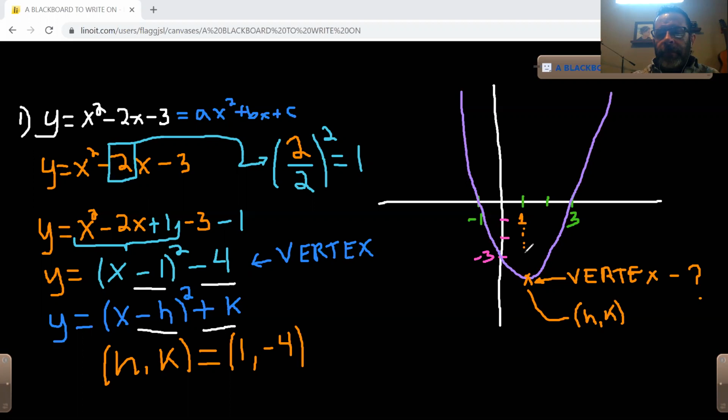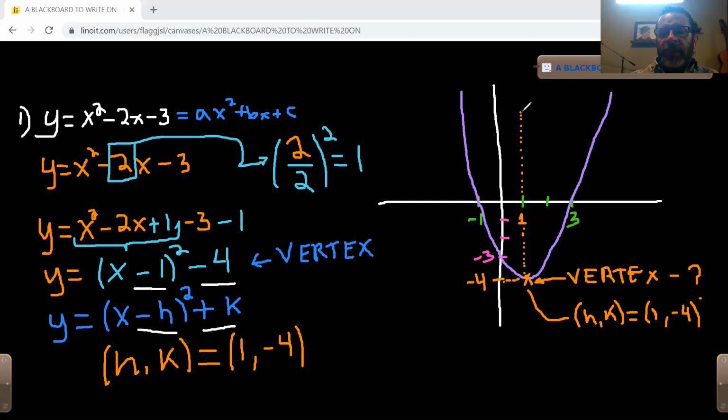The vertex is in 1, and the other value we have here is -4. Okay, so the vertex in this case is going to be 1 and -4. And the imaginary line, that's the orange line here, what is that line called?